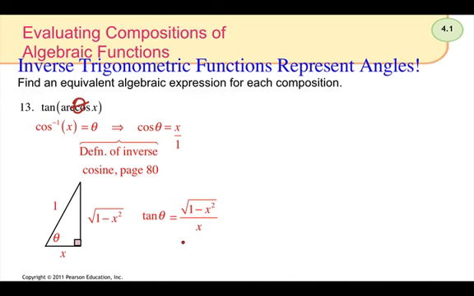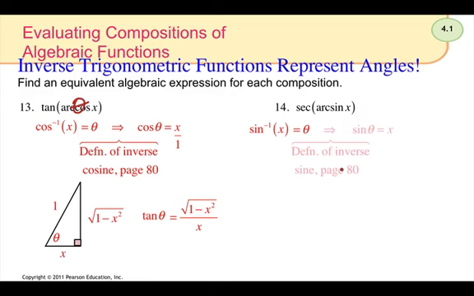The last one, number 14, very similar to 13. I'm going to rewrite this as sine inverse of x, and this is an inverse sine, which means that I can let this equal to an angle. I'm going to let it equal to theta again.